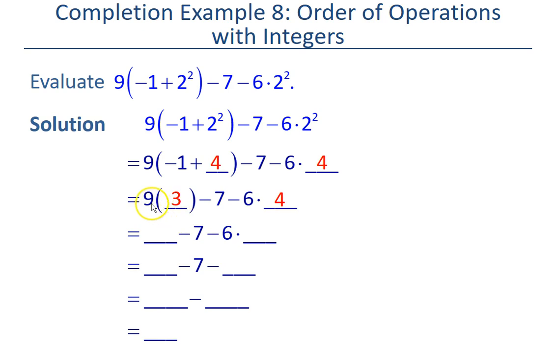So what do we do next now? Well, we're going to do this multiplication here. 9 times 3 is 27. Right there. And we're going to do this also here shortly, I guess. So we keep the 27 there. We then do this. Negative 6 times 4 is a negative 24.